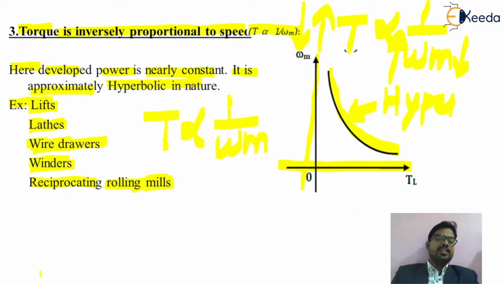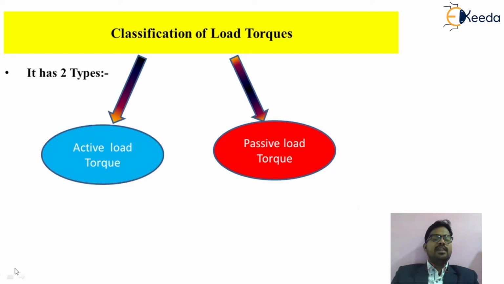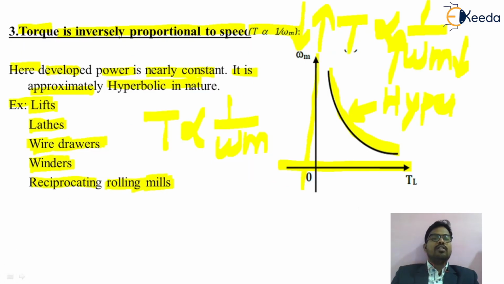So in this way, guys, we have understood the different types of nature of the load torque. Again, I can repeat: the load torque has two different types of nature. The first one is constant speed. The second one is dependent on speed.